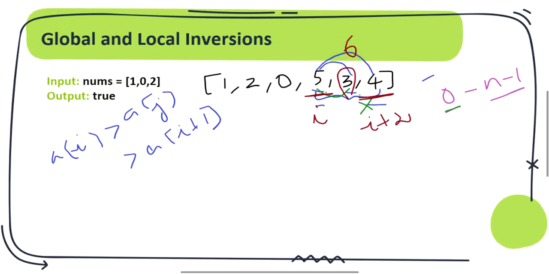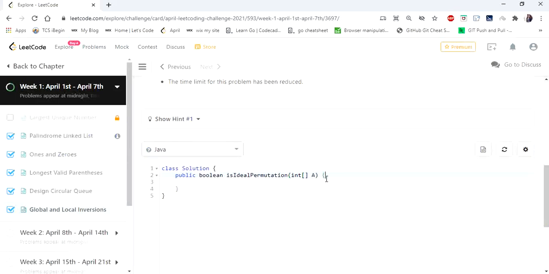This works in big O of n linear time because we are iterating the array only once. So let's go to the code now. Let us have a variable max and iterate through our given array. We assign max as the current max value so far.